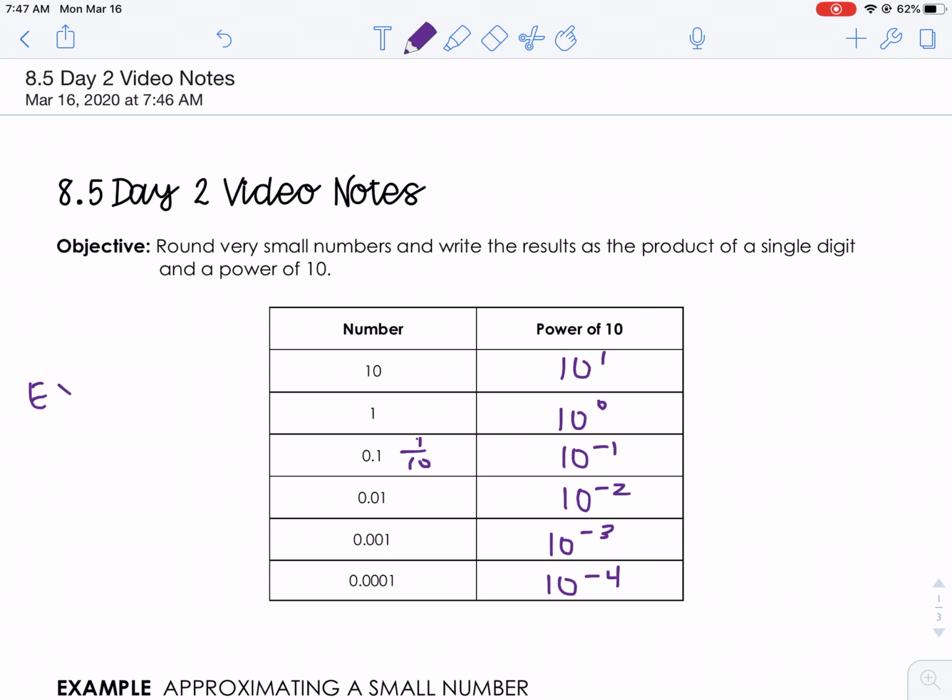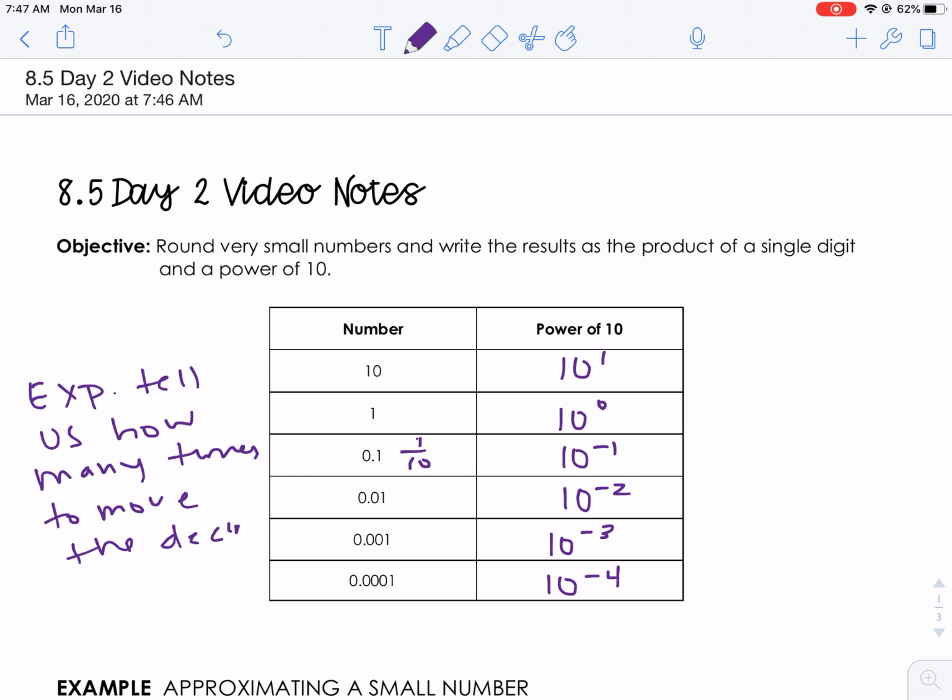So our exponent in this case is going to tell us how many times to move the decimal to the left.